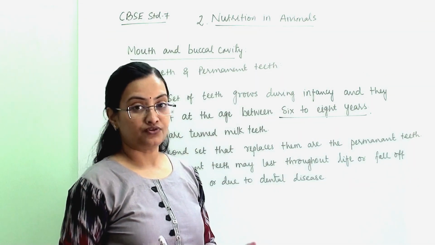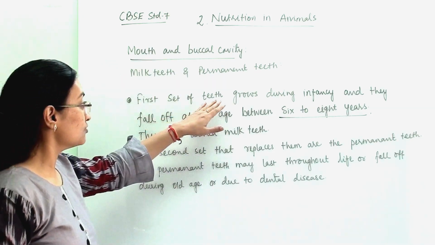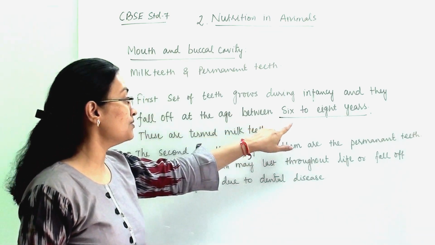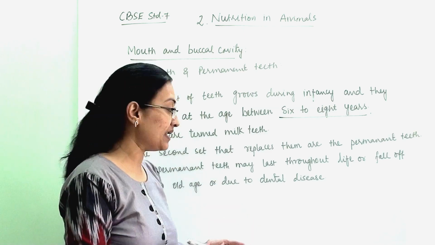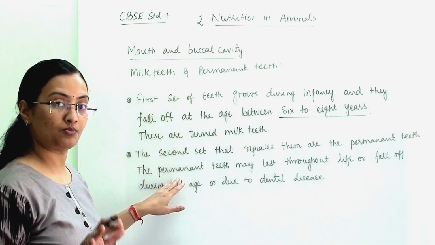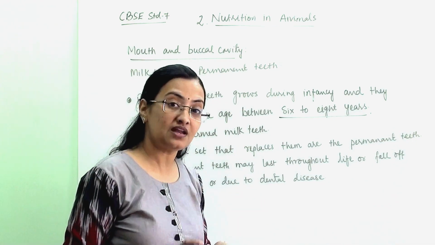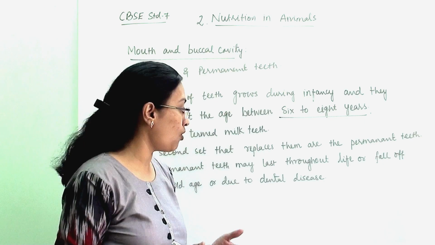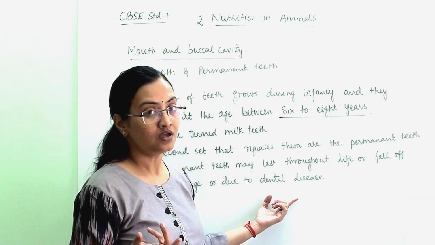There are 2 types of teeth: milk teeth and permanent teeth. The first set of teeth grows during infancy and they fall off at the age between 6 to 8 years. The teeth which replace them are known as permanent teeth. Permanent teeth will be there throughout life, or they may fall off due to old age or due to dental disease like cavity, plaque or germs in the teeth.